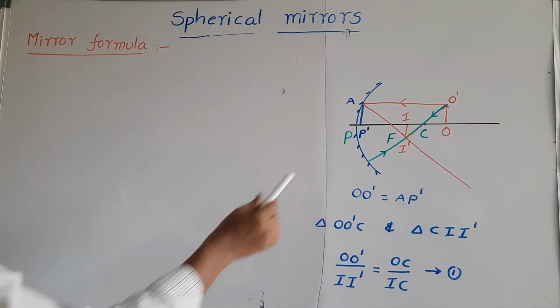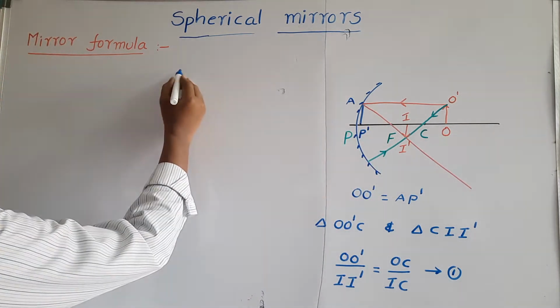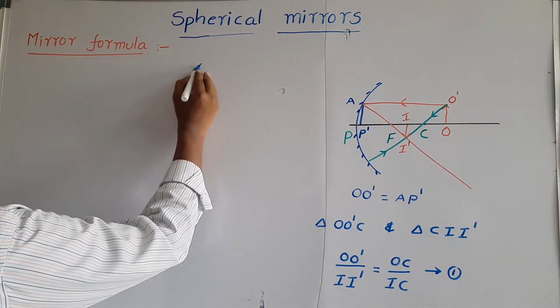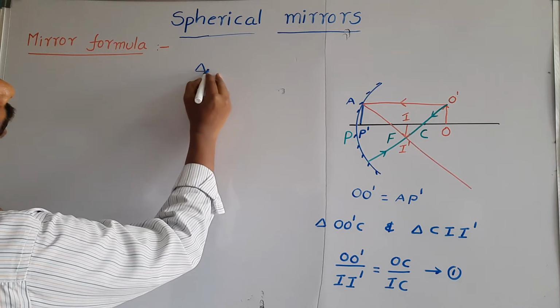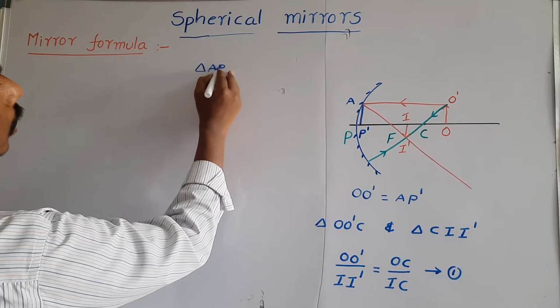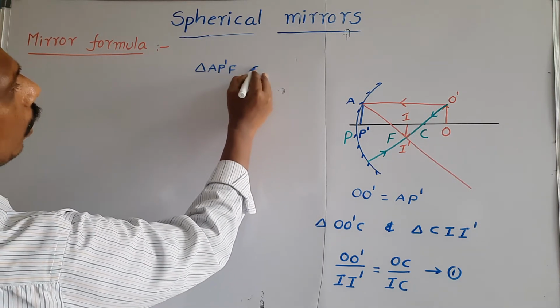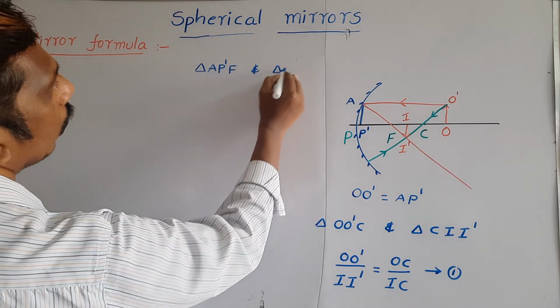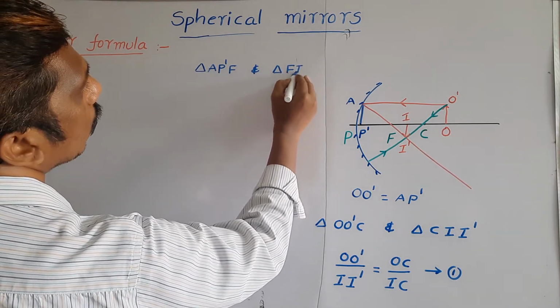Next, another 2 similar triangles are there. Triangle A P dash F and triangle F I dash.